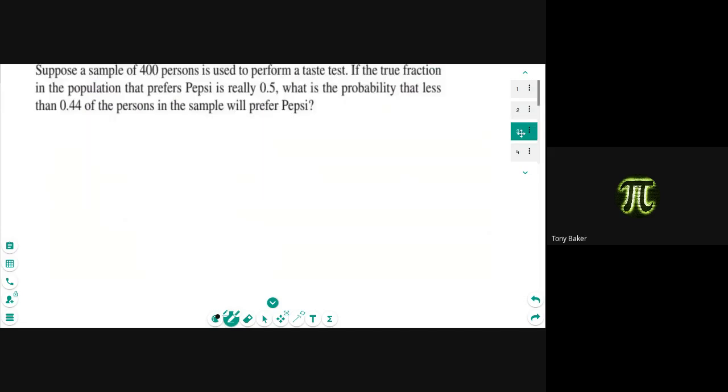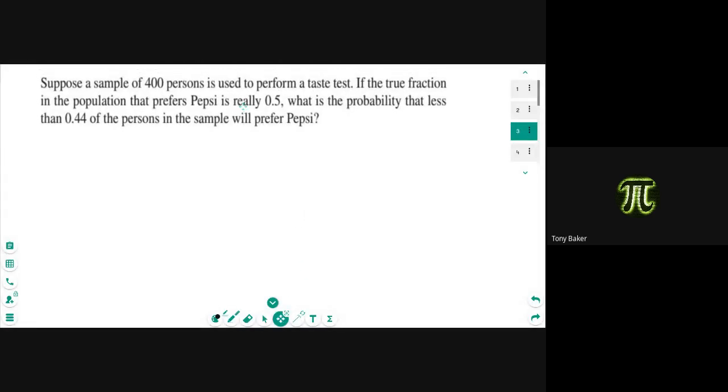All right. So I just want to break it down a little bit. Let's assume when we're looking at this Pepsi and Coke, we'll assume a 50-50 split. It's not, and we're going to find that out in a minute, but let's assume a 50-50 split.